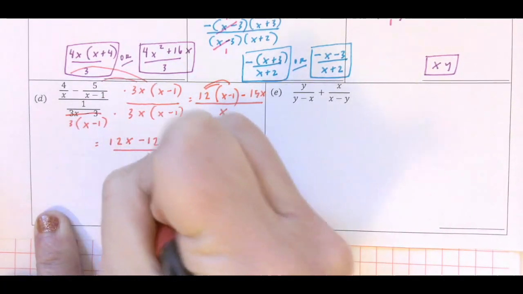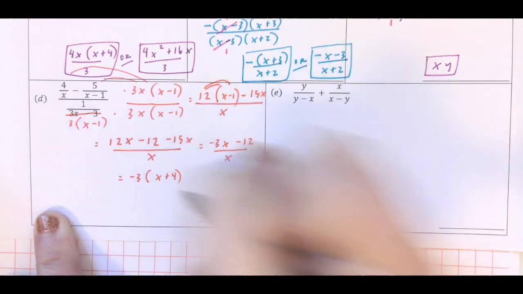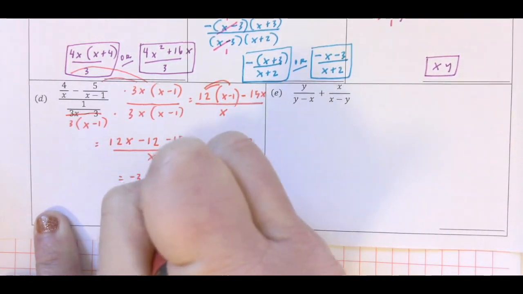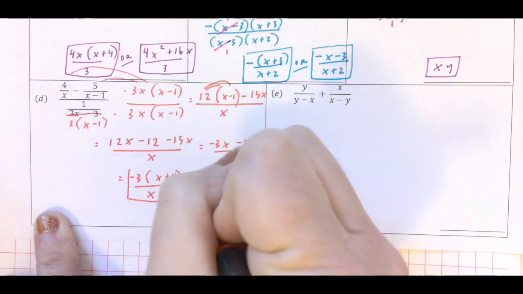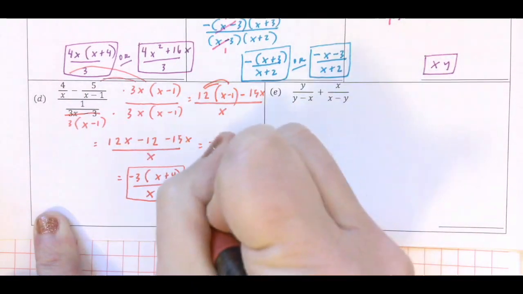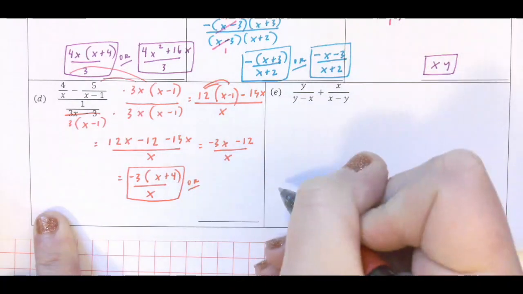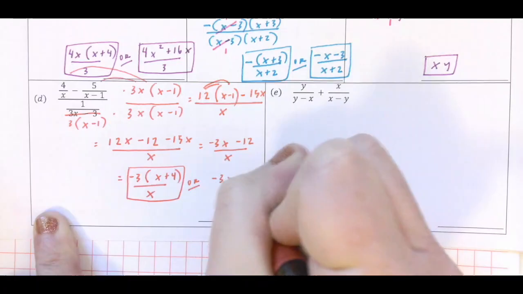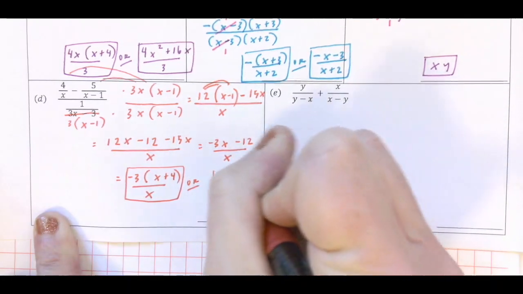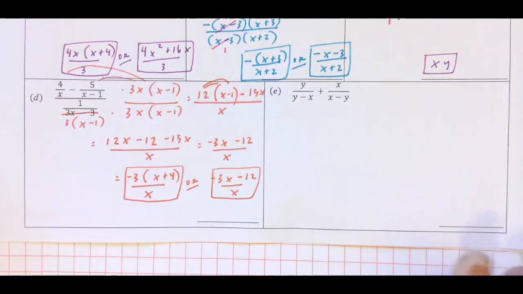So I have negative 3 times (x plus 4) over x. And there's nothing that I can reduce. So I can leave it like that, no problem, or multiply it back into standard form, which is negative 3x minus 12 over x. Again, I would take it either way, no problem.